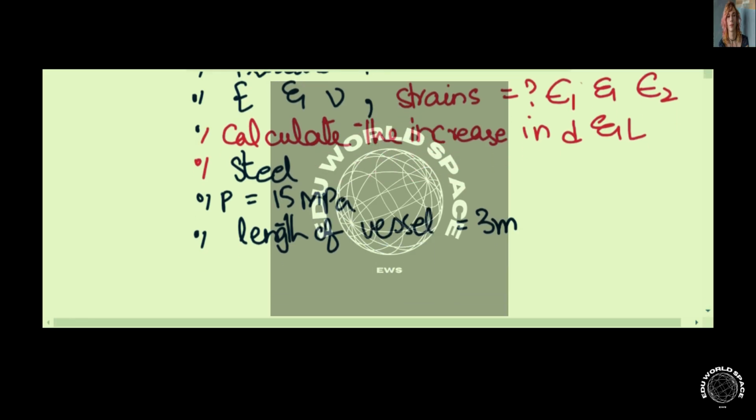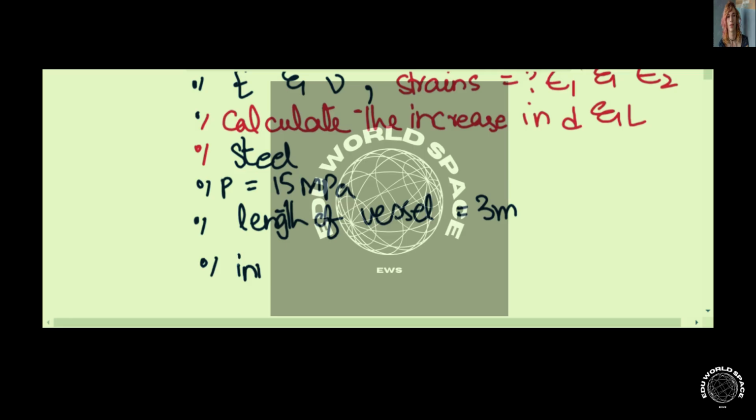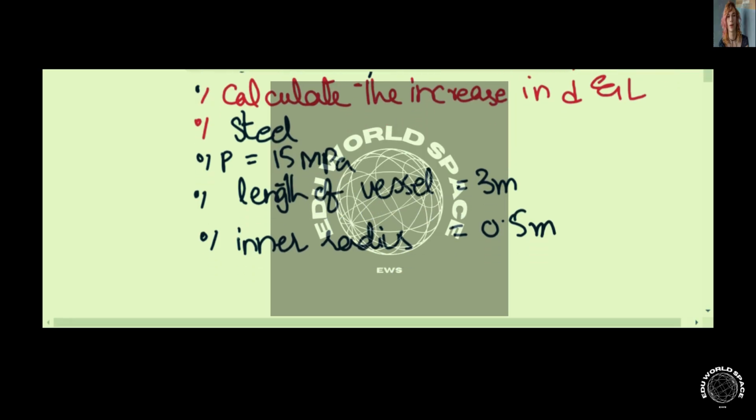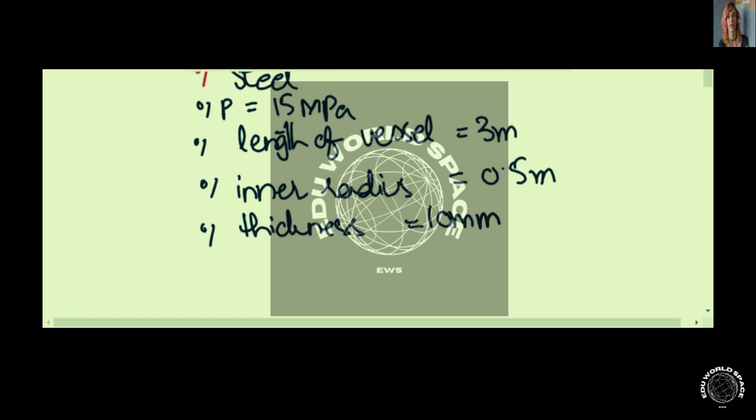And it has an inner radius of 0.5 meter, right? And it has a thickness of 10 millimeter, right? And its elasticity is equal to 200 gigapascals and its epsilon is equal to 0.3, right?